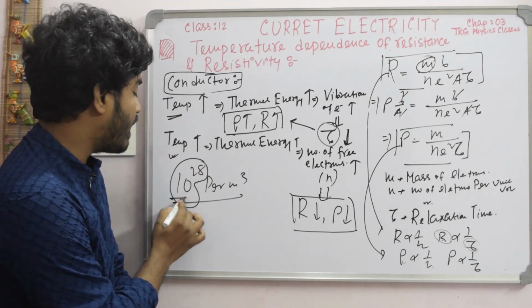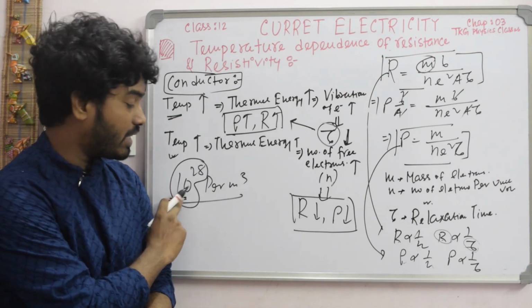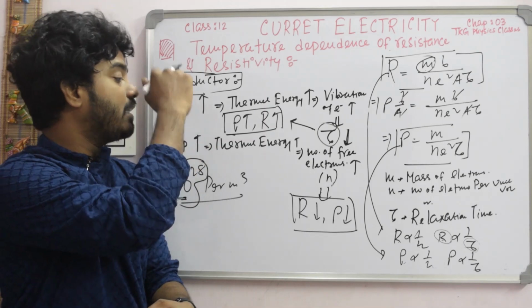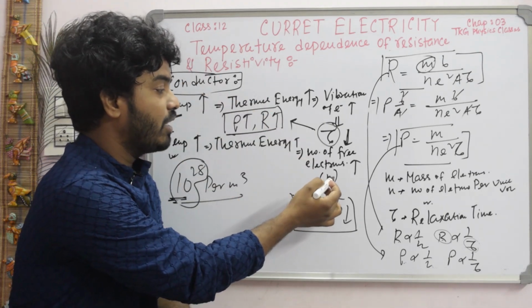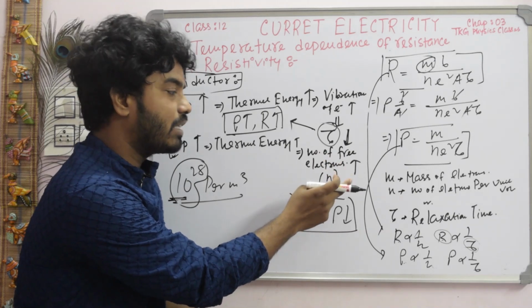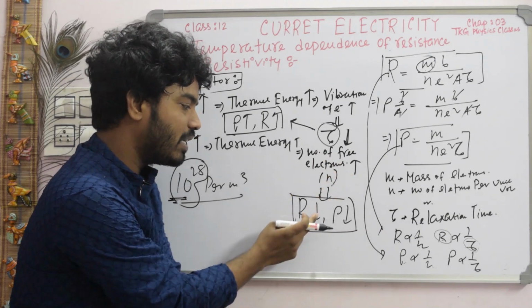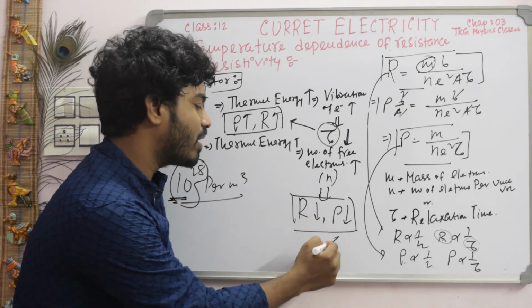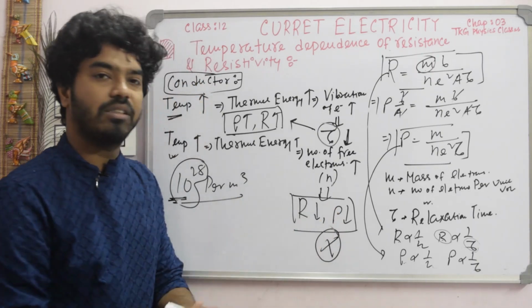This is a very large amount of free electrons at room temperature. But when temperature increases, according to our concept, n obviously increases, the number of free electrons increases, and this increase makes resistivity and resistance decrease, but this decrease is not significant.